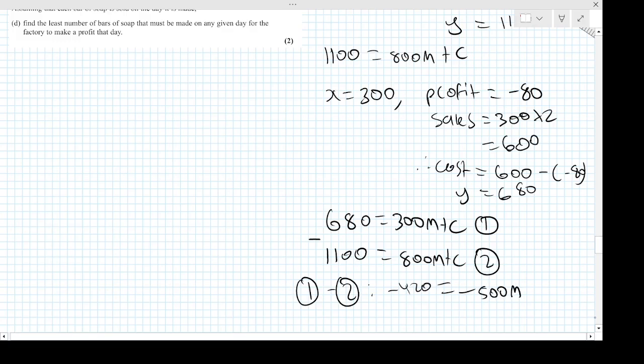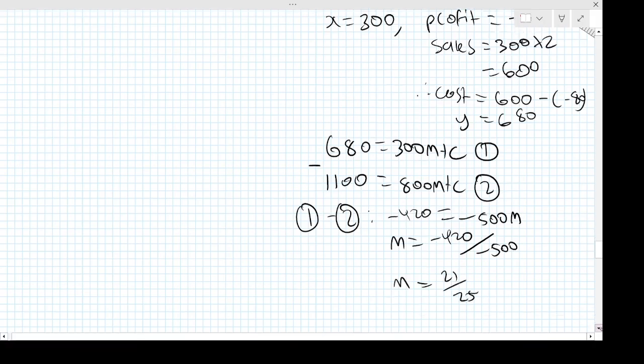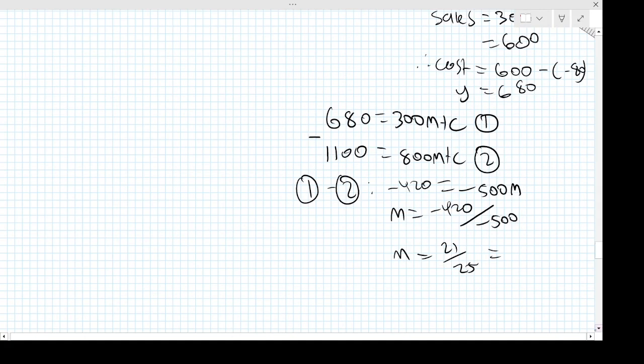And c take away c is 0. So m is minus 420 divided by minus 500, and that will get me positive 21 over 25. As a decimal, that would be 0.84.